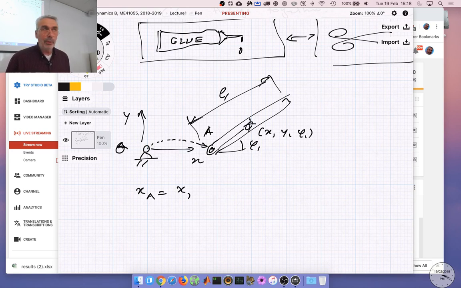You start at the center of mass, that's our variable, and then you walk backwards, minus L1 over 2, times the cosine of phi 1. If you are there, then it should be 0.